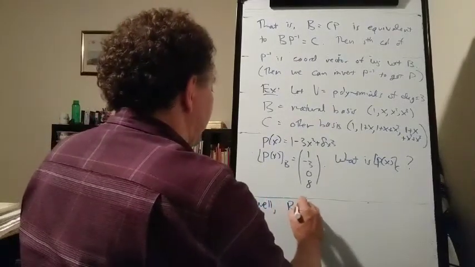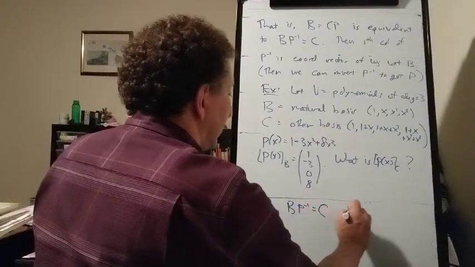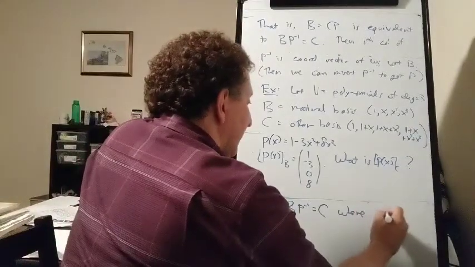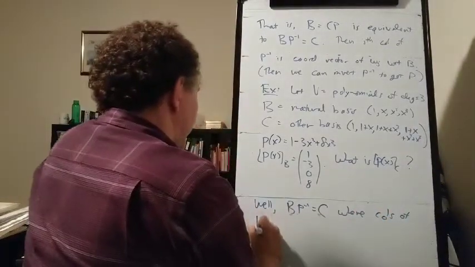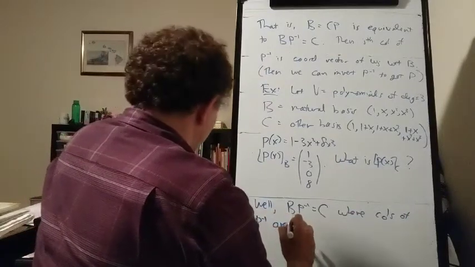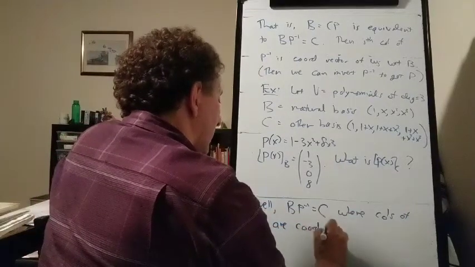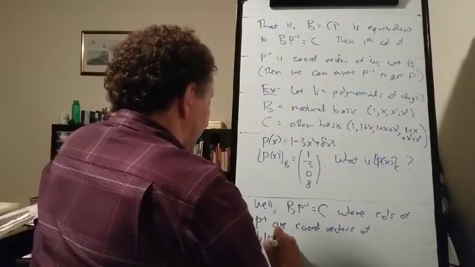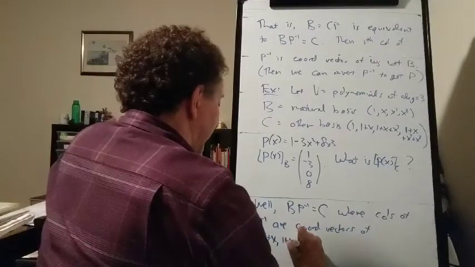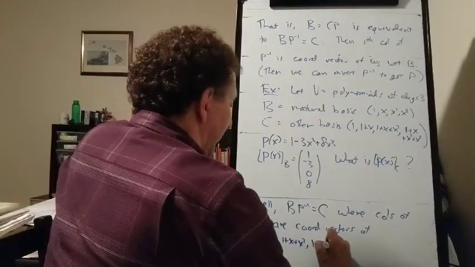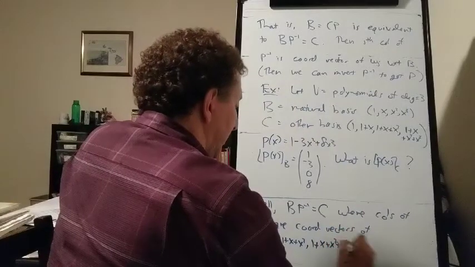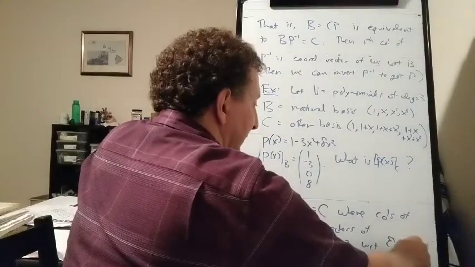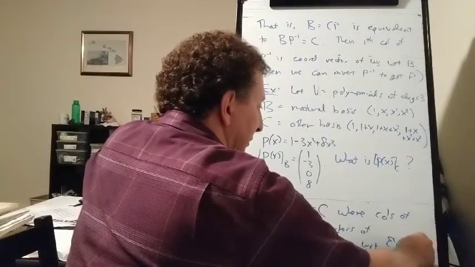Well, BP inverse equals C, where the columns of P inverse are the coordinate vectors of 1, 1 plus x, 1 plus x squared, 1 plus x squared plus x cubed with respect to the natural basis 1, x, x squared, x cubed.